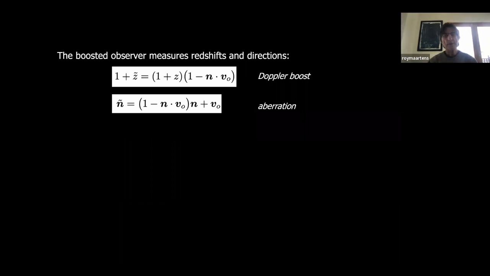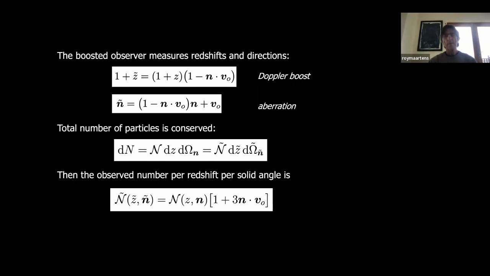Because the observer is Lorentz boosted, she or he measures a different redshift and direction. There's aberration and a Doppler boost involved here. And then if we apply that, using the fact that the total number of particles is the same for the boosted observer and the CMB observer, so dN is either equal to the observed number density times dz d omega_n in the CMB frame, or to the heliocentric observed number density times dz d omega, all in the heliocentric frame.